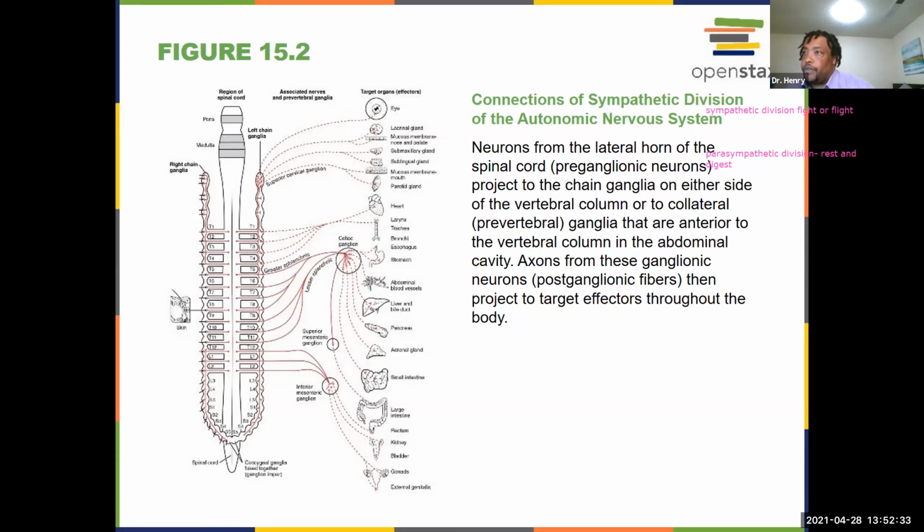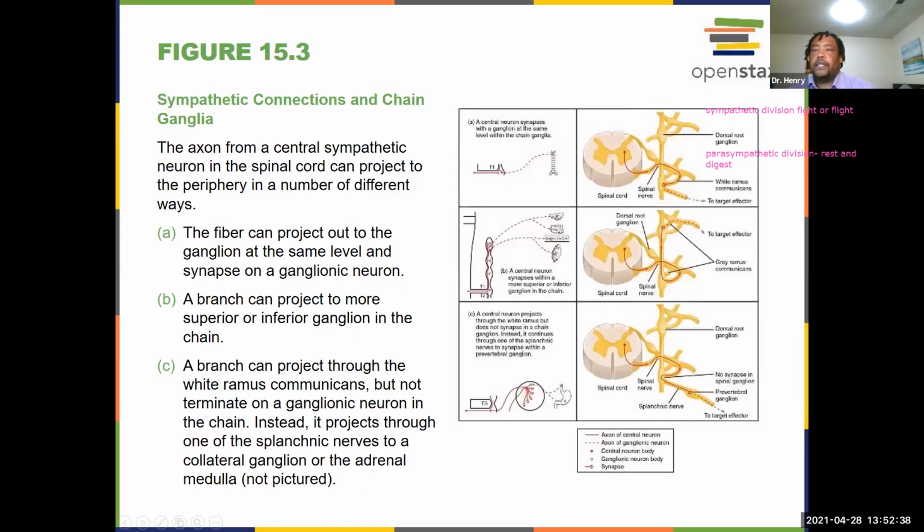So in the case of the axons from the central sympathetic neuron and the spinal cord, they can be projected in a couple of different ways, right? One of the ways is fibers can be projected out to the ganglia at the same level, and then to the synapses of the ganglia neurons.